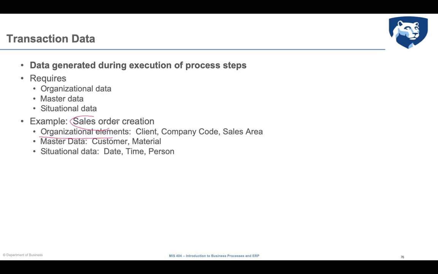For example, if it is a sales order, you need to know which client the sales order belongs to, which company code, and among the company codes, which is the sales area generating that document. Master data, because who is the customer to whom the sales order referred, and what is sold to the customer, so the material. And then situational data, like when the document has been generated, at which time, and who was the person generating this document.